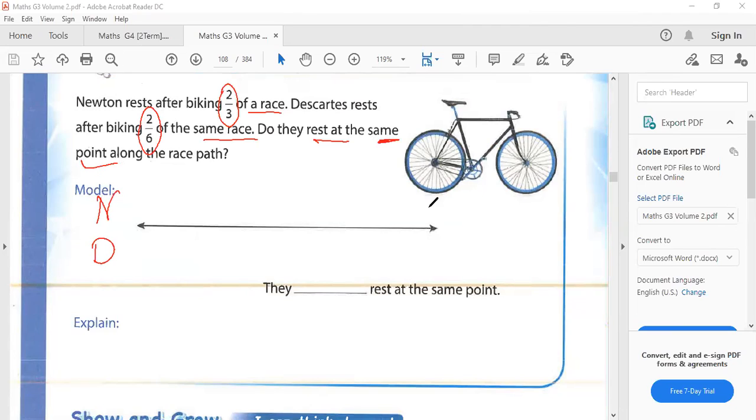For Newton, we're going to divide into how many parts? 3. In all cases, we're going to start with 0 and end with 1. This is 1, 2, 3.